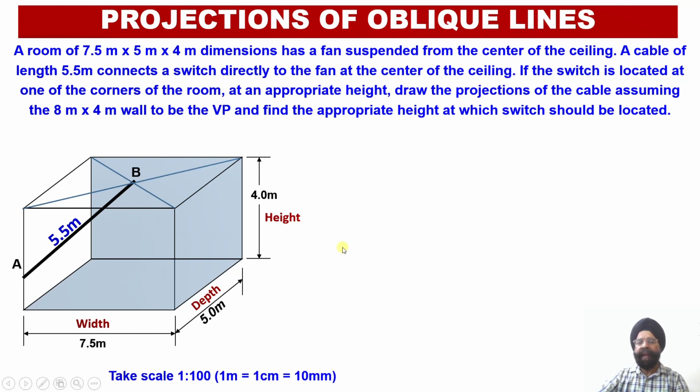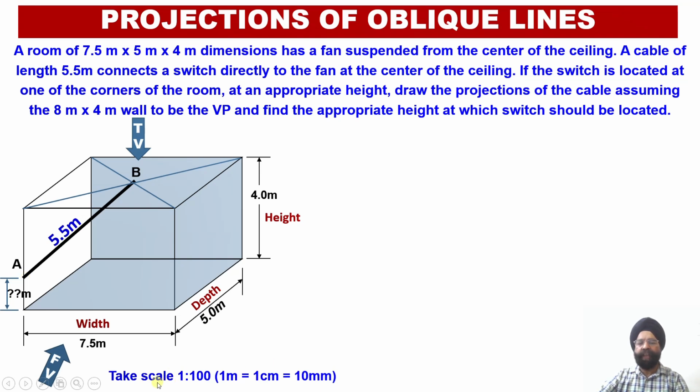This way we will be able to convert this physical real life environment of the room into the projections of the line method, and we will be evaluating the appropriate height at which this switch should be located within this room, so that the length of this cable which is going to join this switch, located in one of the corners of this room, and the electric fan suspended from the top of the ceiling. So this length, AB true length, is given to us as 5.5 meters.